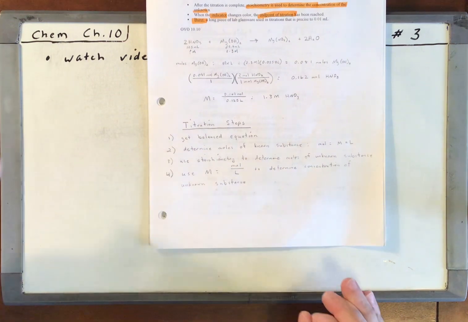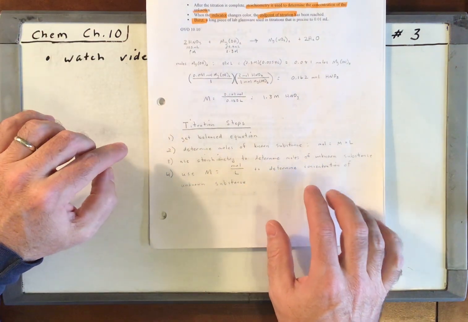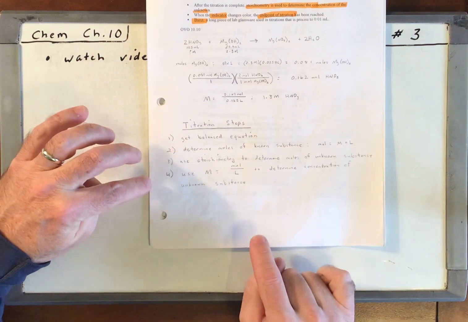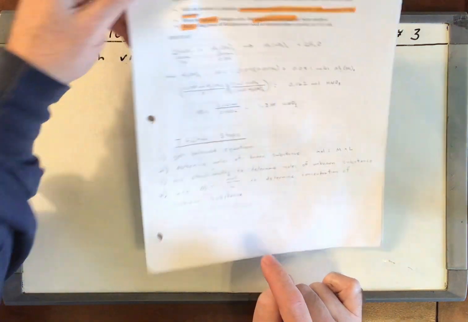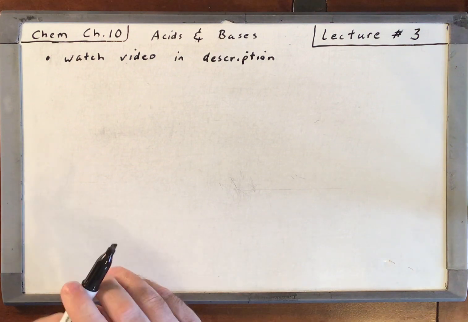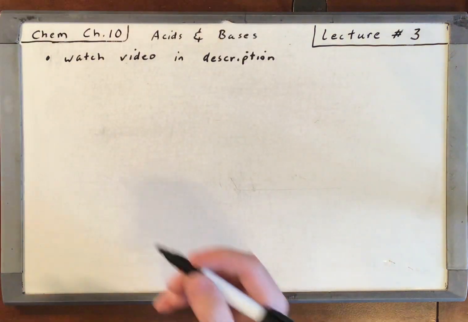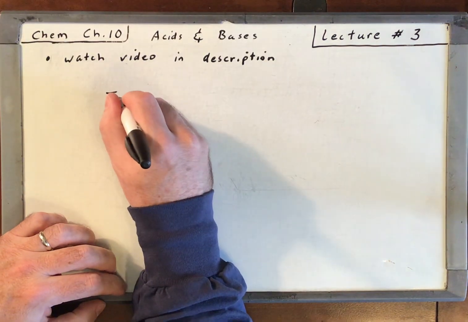I've kind of put a lot of pages in the book. I've condensed it down to 4 steps. So this will save you a lot of reading. And then we'll work the problem above that. Okay, so titration steps.